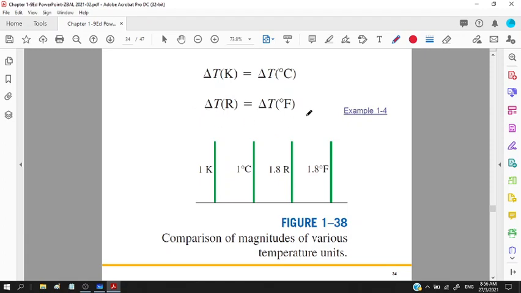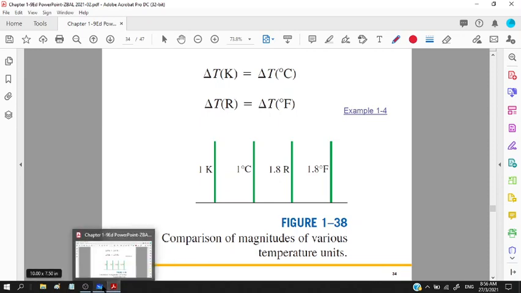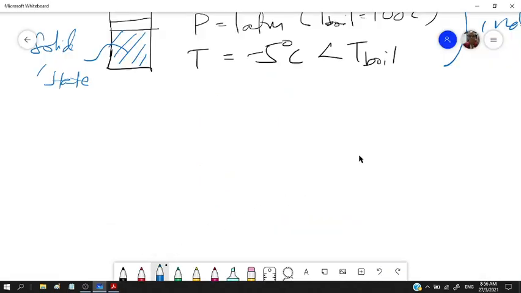This is a difference in temperature. The value of delta T in Kelvin is equal to the value of delta T in Celsius. The same goes for Rankine. Now, for example, we have two temperatures.